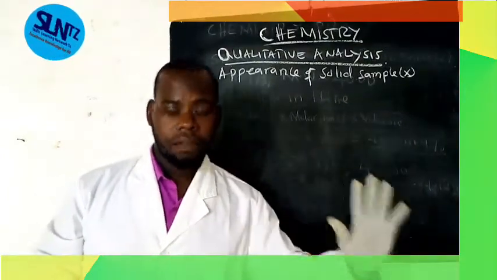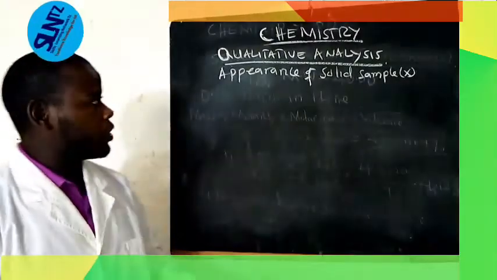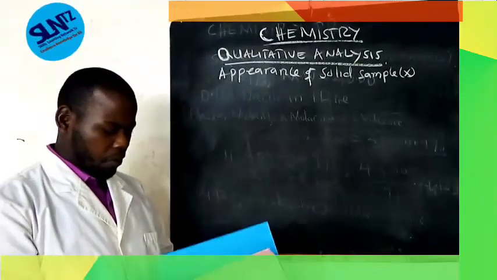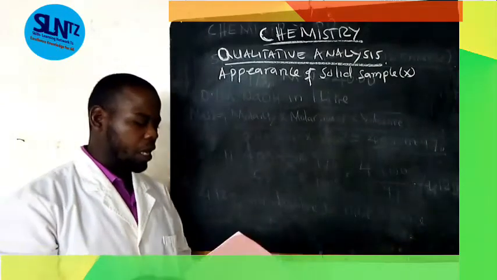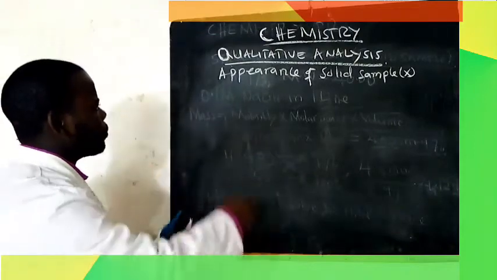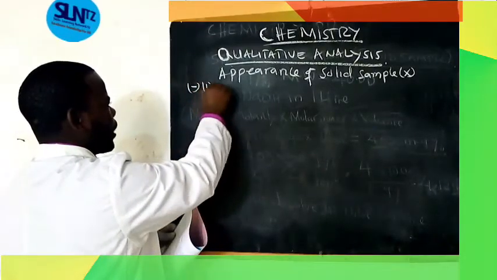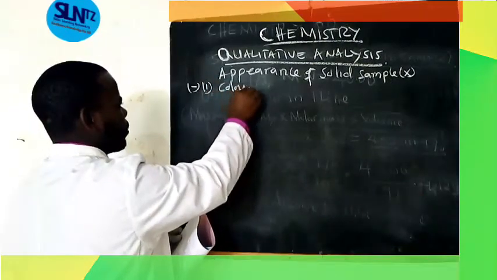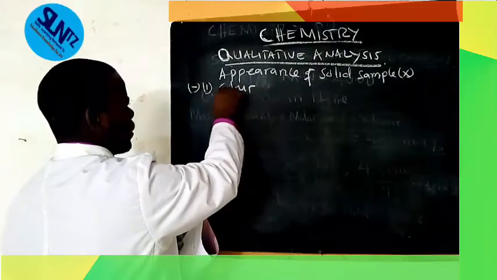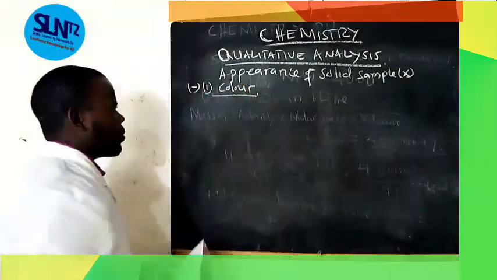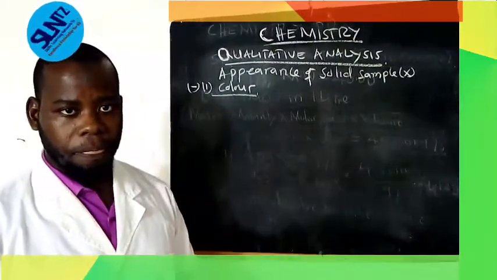And we have different observations. When you open our sheet here, for the appearance, what do we consider? First, we consider the color of our sample.